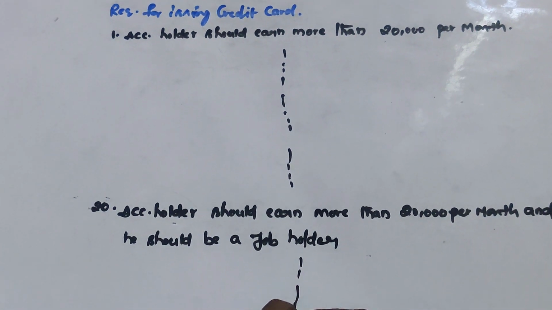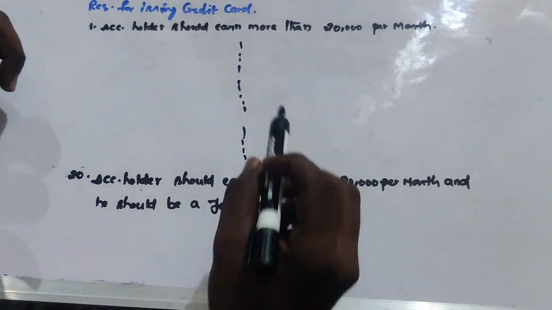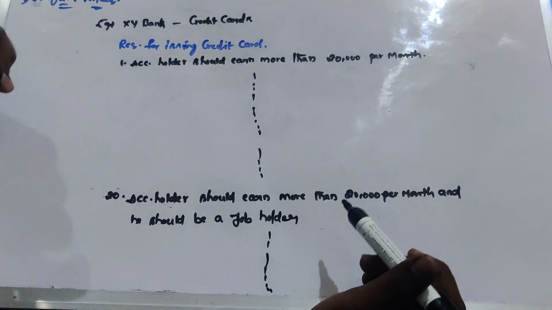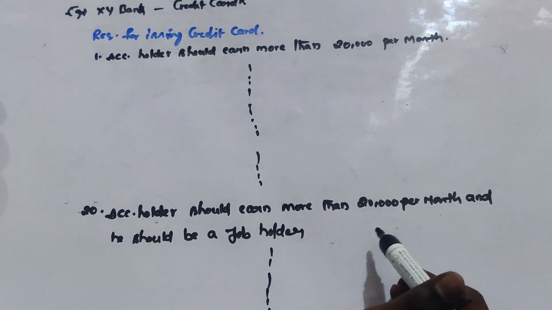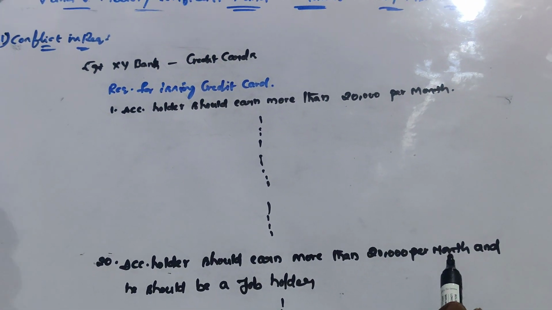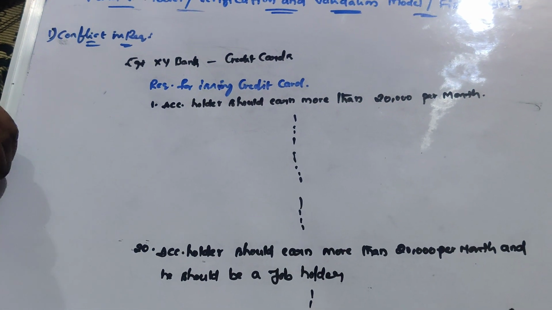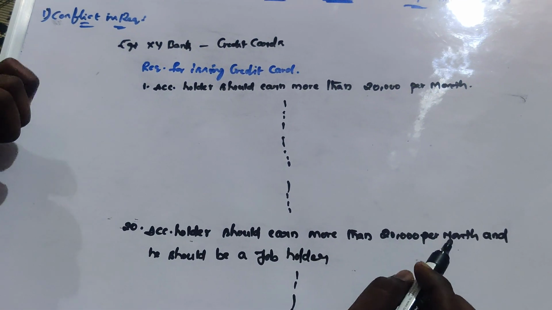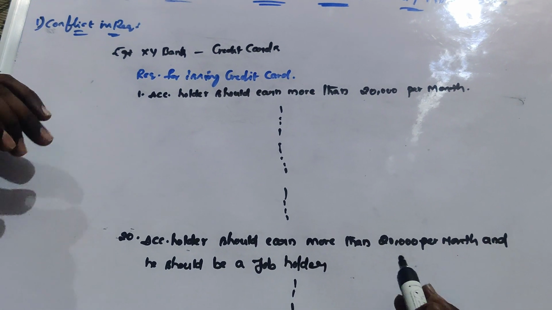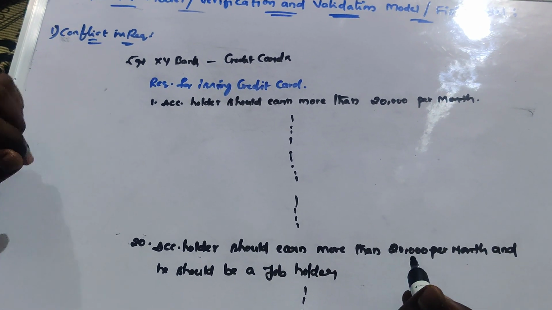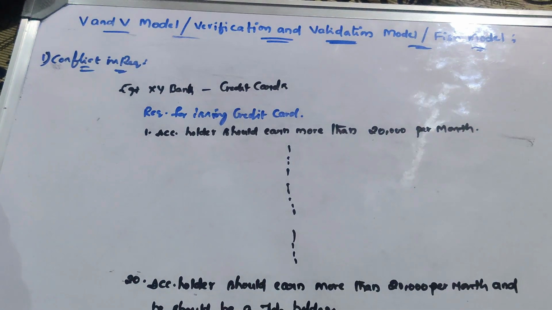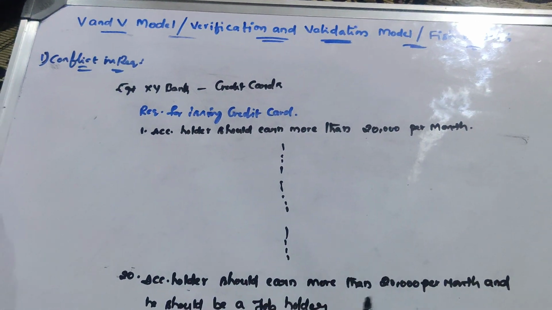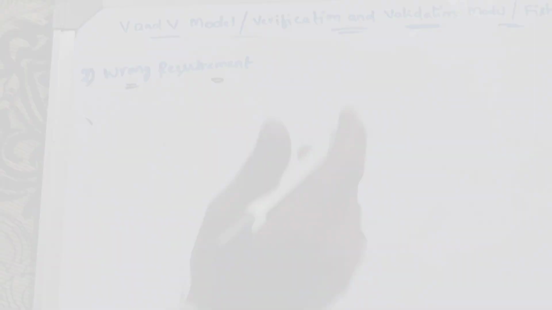See, he has given the same requirement in two different ways. So while reviewing the requirements, the test engineers get confused about which one they have to choose. This is called a conflict in requirements.